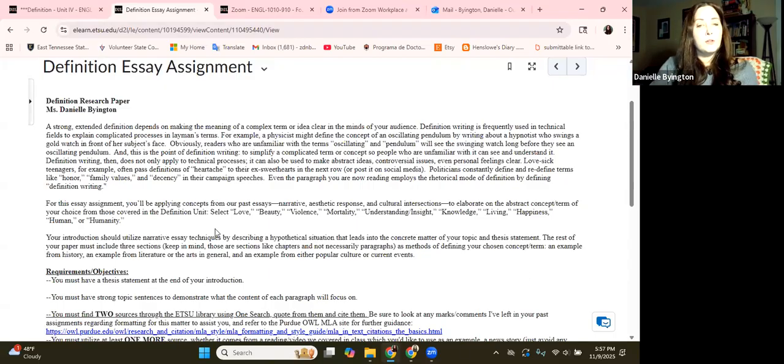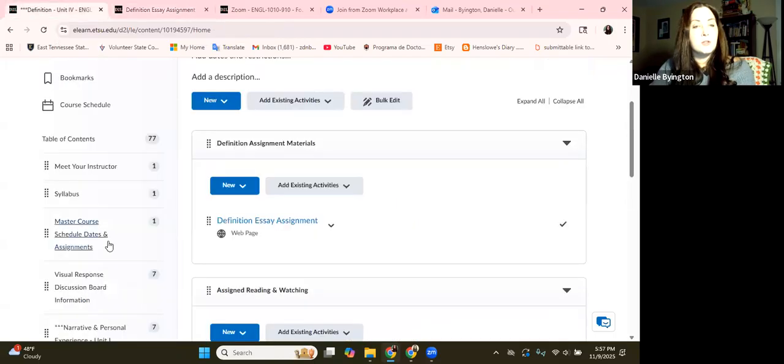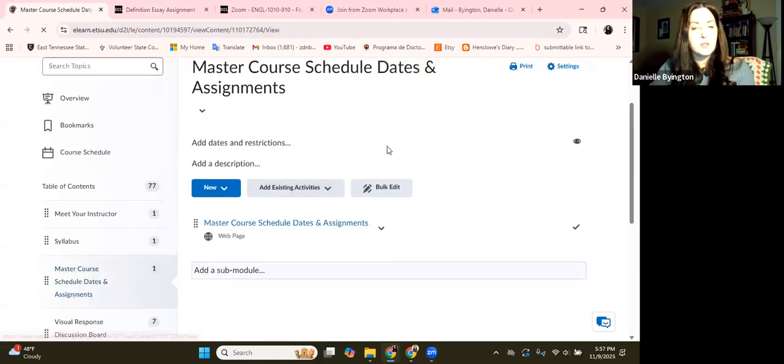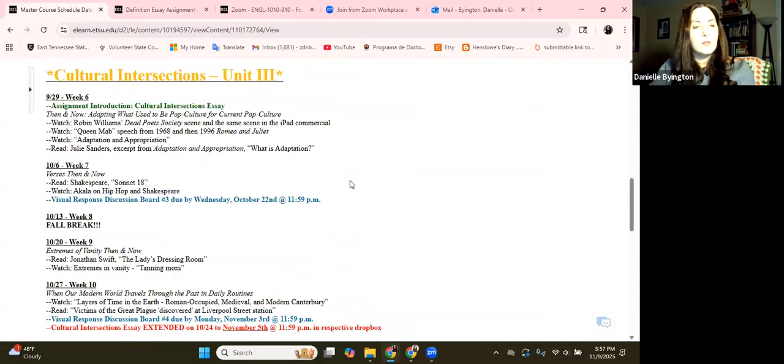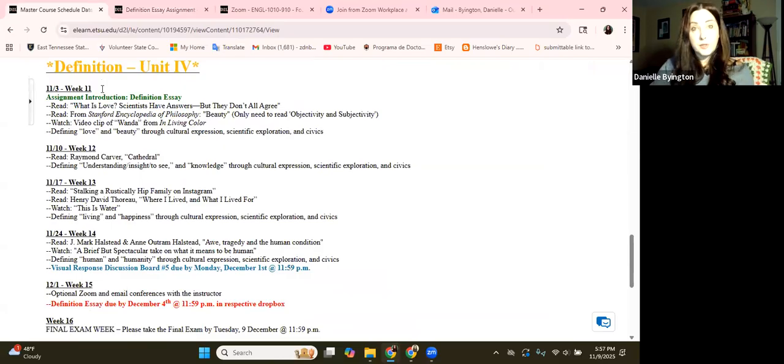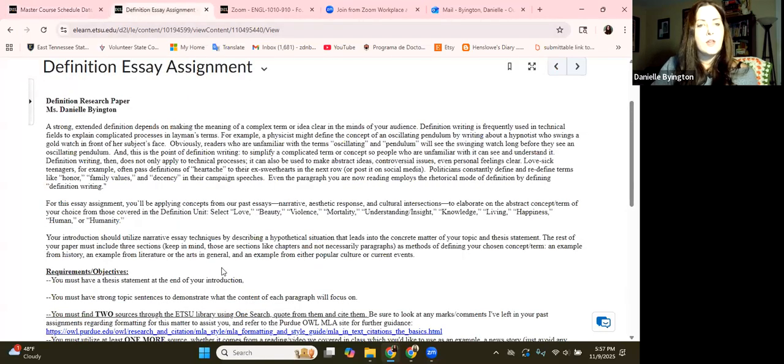So you are limited to what you can choose from, and I'll explain something about two of these choices here. So in the definition unit itself, I'm going to go to the sketchbook. Your choices are based on the sorts of themes that are assigned each week in the definition unit.